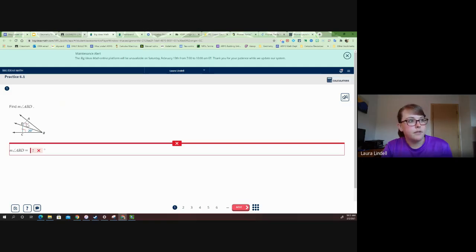So looking at this, we notice this is an angle bisector problem because, 1, we have angles going on, and 2, we notice that this point is the same distance to both sides of the angle. So that means that this is the bisector. And since we're looking for ABD, someone in the chat, what's the measure of angle ABD going to be?